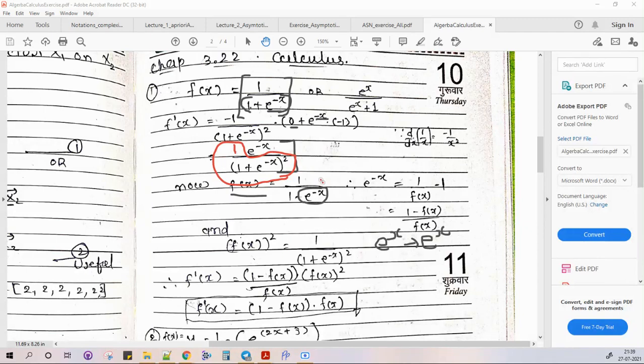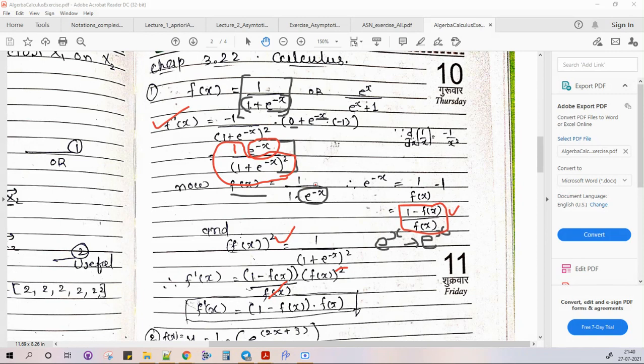And I converted e to the power minus x into 1 minus f of x divided by f of x. I will put this and f of x square into the equation again. This f of x and this f of x will cancel out, and what I am left with is 1 minus f of x into f of x.